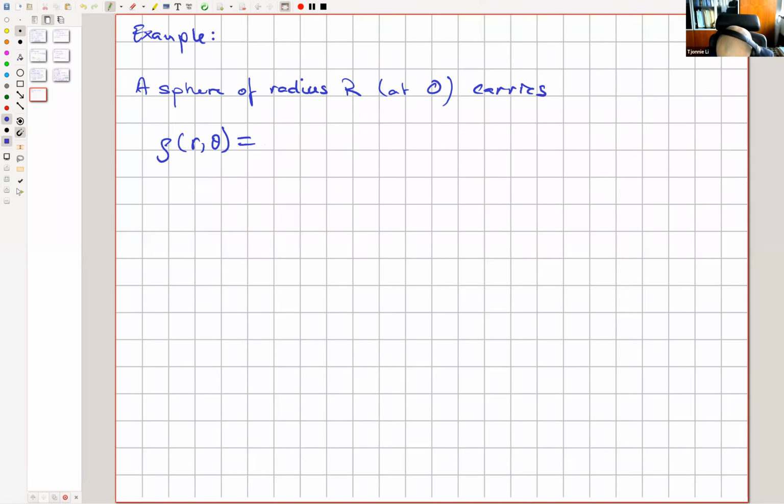I'm going to omit the primes. So I've got k, which is some constant, r over R squared, R minus 2r, sine theta. Again, as a caveat, these are all in the prime coordinate system.